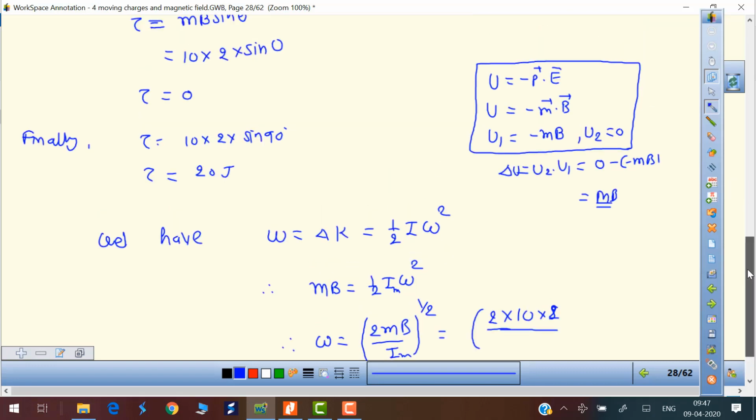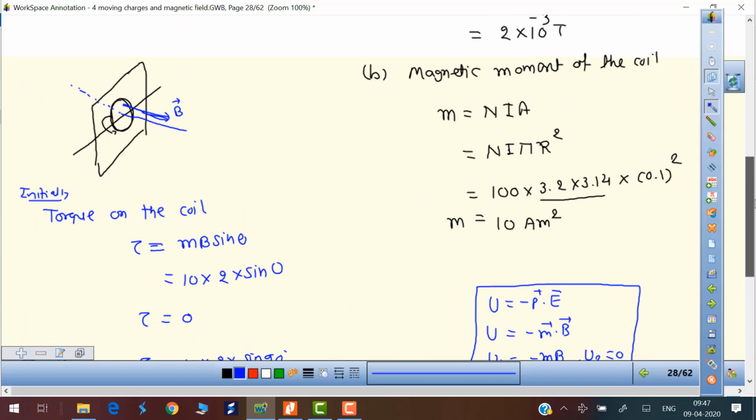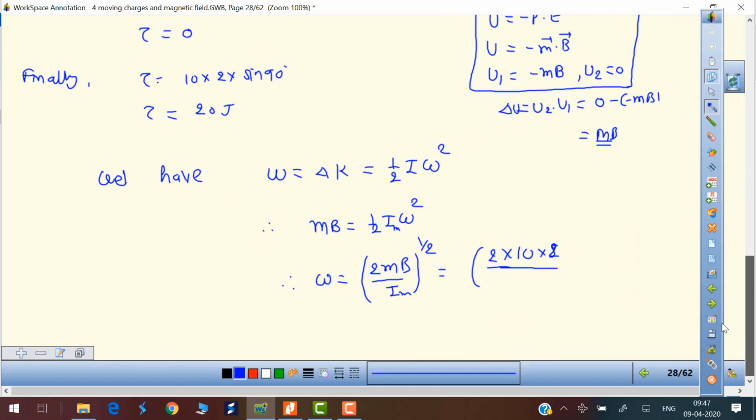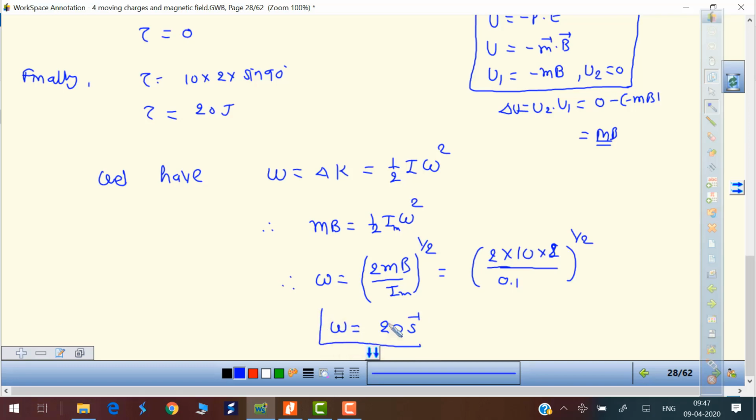Moment of inertia કંઈક લખ્યું છે ને આપણે, 0.1. So 0.1 and then you will get 20 second inverse. So this is the final angular speed. So kinetic energy is maximum. So this is the omega.